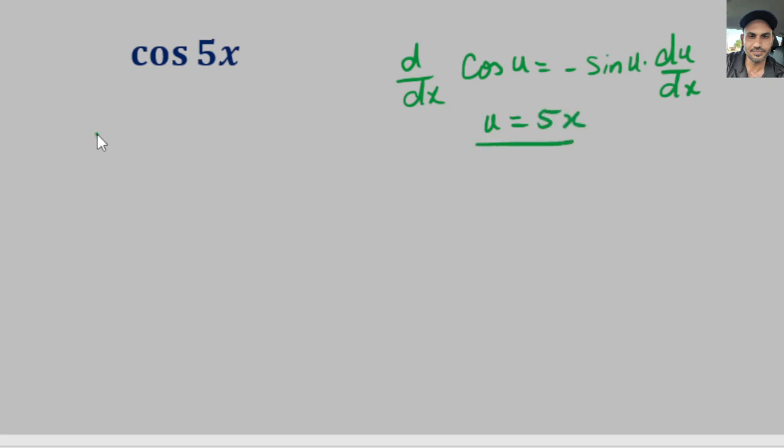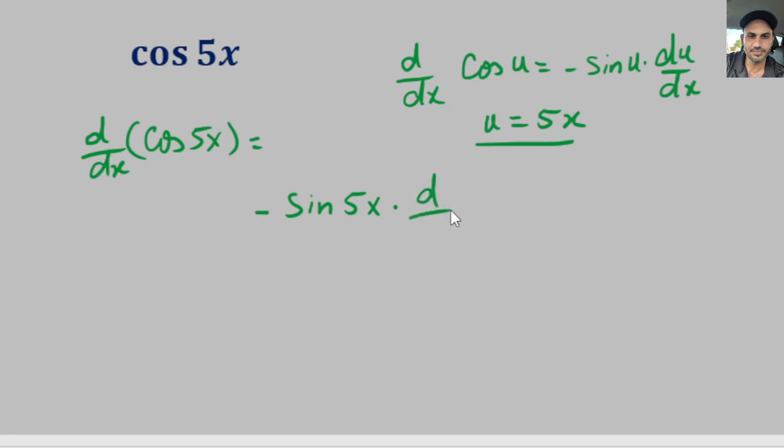Now we take the derivative, so d over dx of cosine of 5x is equal to negative sine of 5x, that is negative sine of u, times the derivative of the u part, which is 5x.